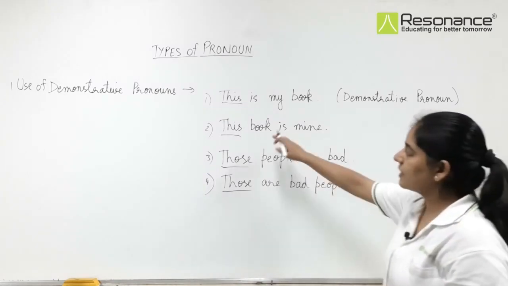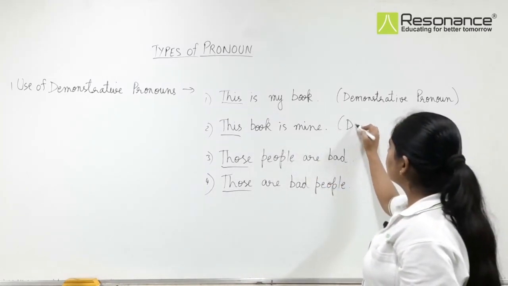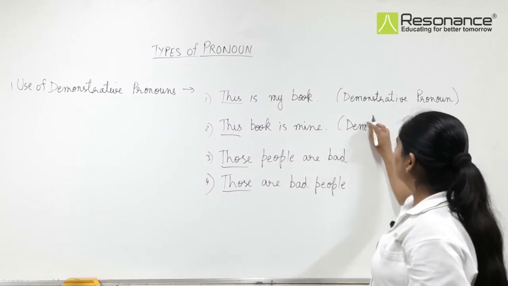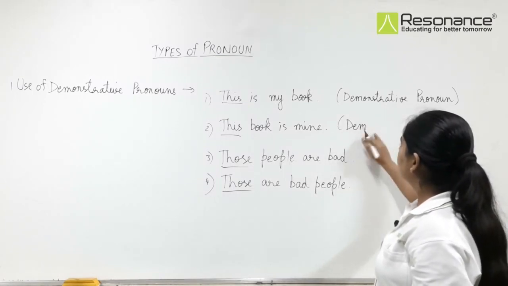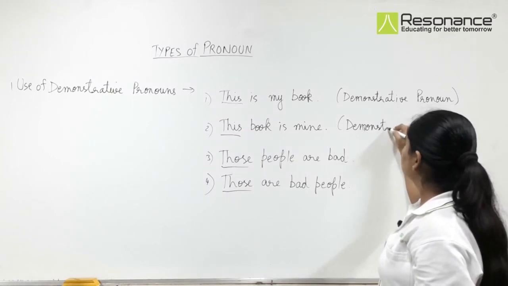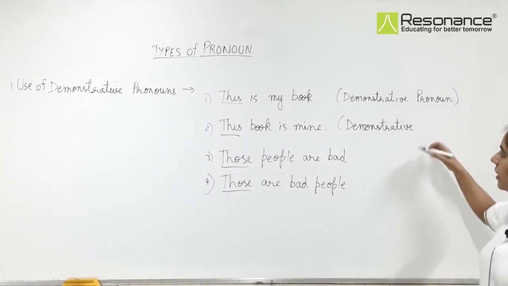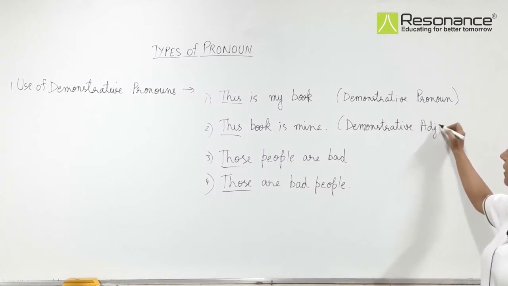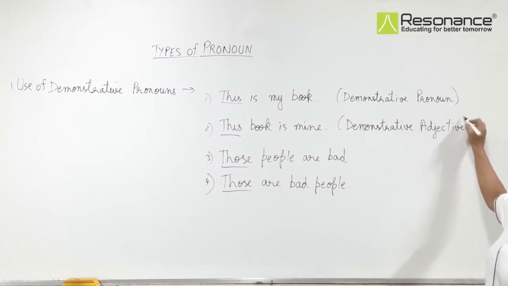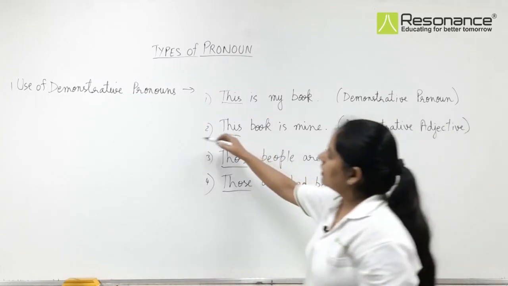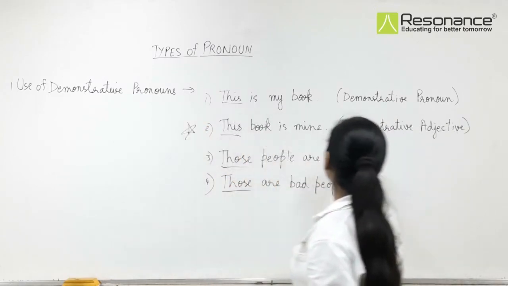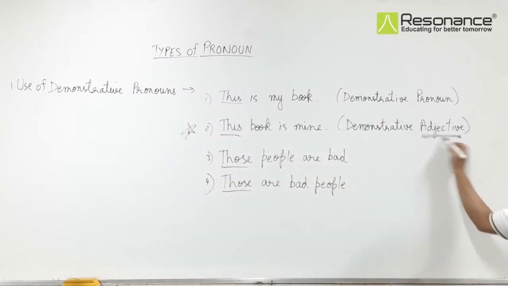But in second sentence, this book is mine, this is a demonstrative pronoun? No. Here it is demonstrative adjective. Okay, this is very important. This one here, this is demonstrative adjective.